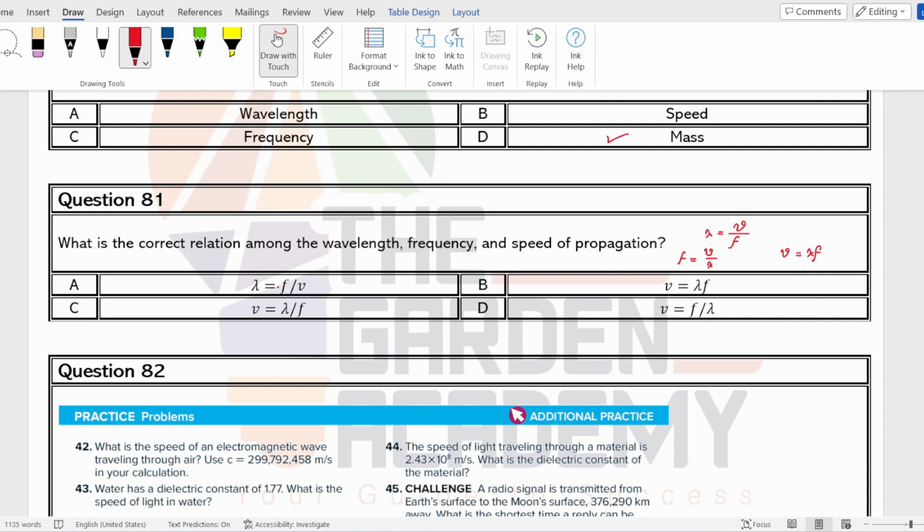The first one, lambda F over V. No, it should be V over F. So this is incorrect. B, V equals lambda times F. This is correct. C, V is lambda over F. This is incorrect. And finally D, V is F over lambda. This is also incorrect. So the correct answer is B.